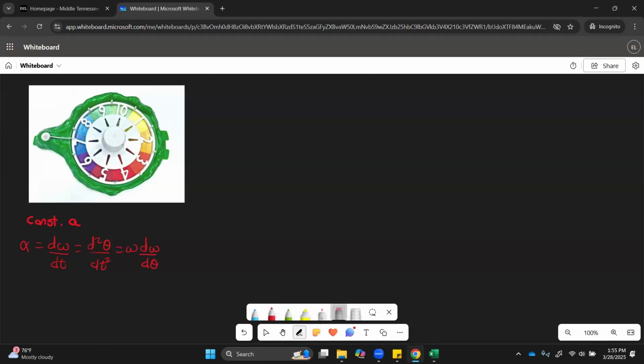Actually, this doesn't matter if acceleration is constant or not. And then we have the other one, omega equals d theta dt.